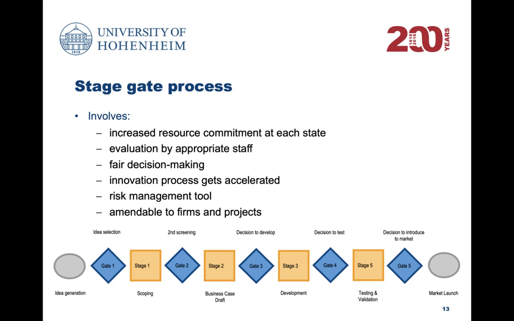We have fair decision making, and the innovation process gets accelerated. I'll tell you in a minute why we think that is the case, or why there is also empirical evidence that this is the case.